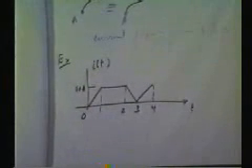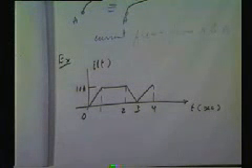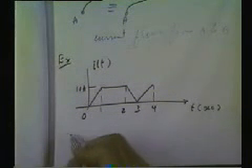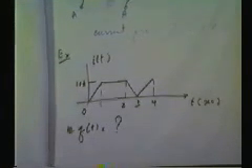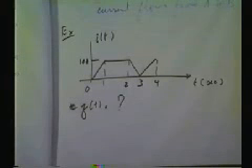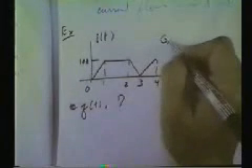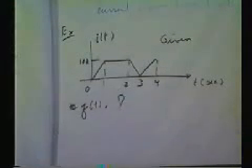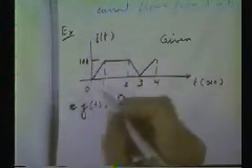The scale may be a little bit off, but that's okay. Q is equal to what? If this is given, i(t) looks like this one. What is the Q? This is 10 amp.